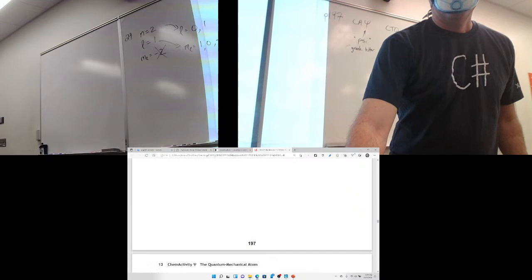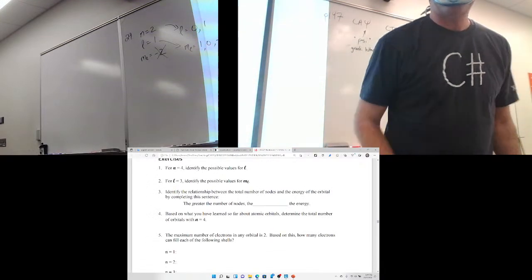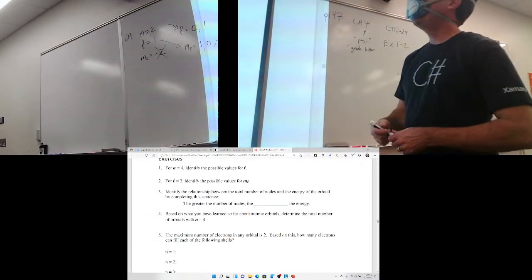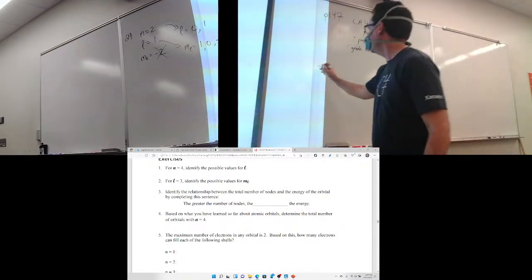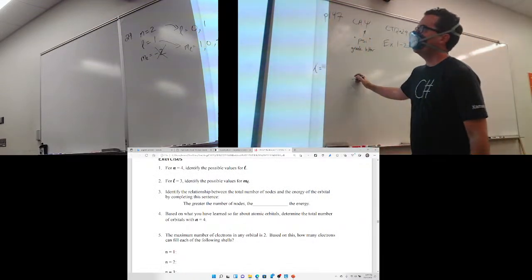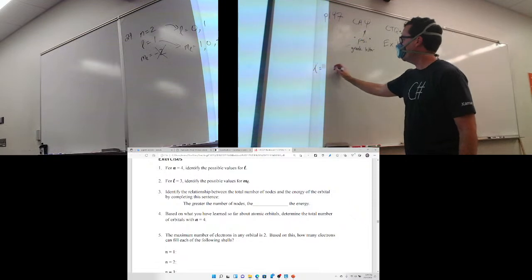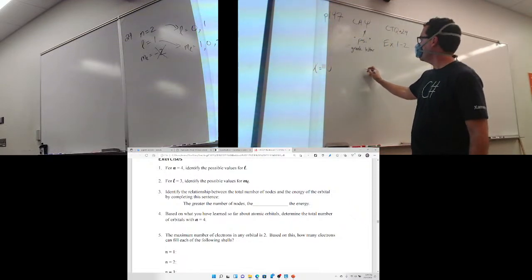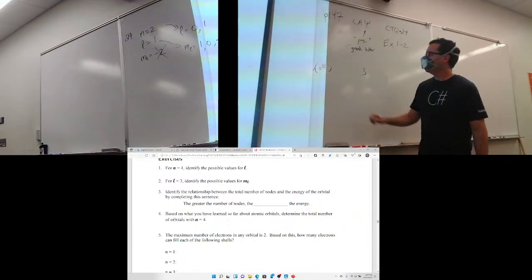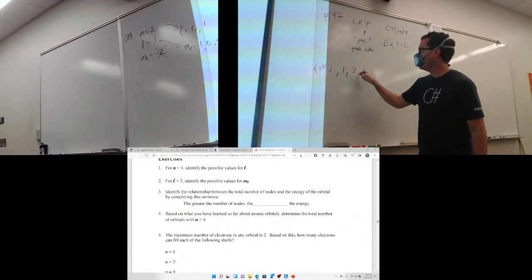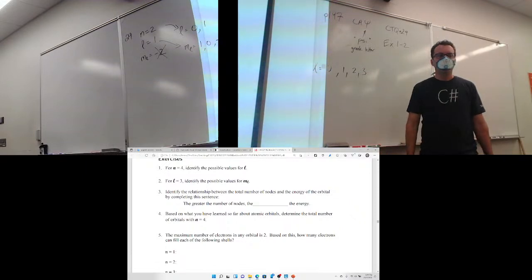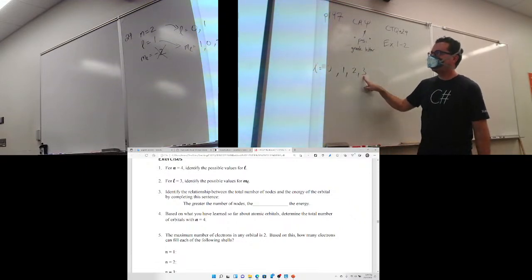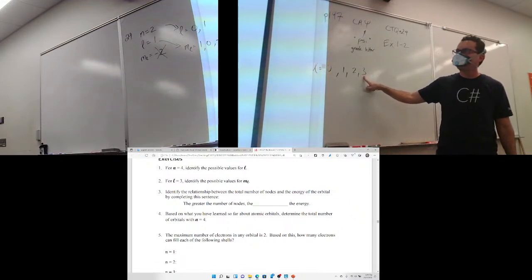Okay. And then over here, exercises: for n is 4, what are the possible values of L? Well, if n is 4, it's all of the integers from 0 to n minus 1. So 4 minus 1 is 3. And so that'll be 0, 1, 2, and 3. So if n is 4, 3 is your max, n minus 1.